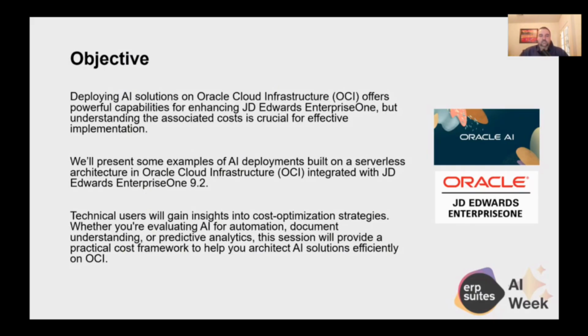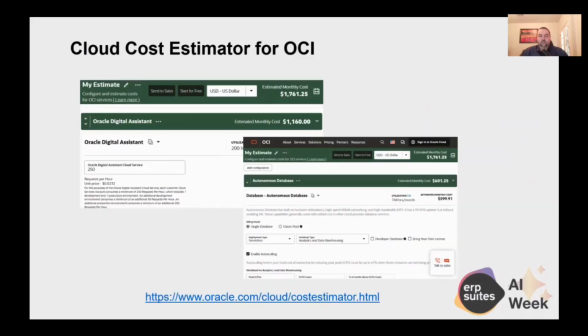AI solution on OCI. One of the first resources you want to look for, if you have not seen it before, is the Cloud Cost Estimator. It's a free website. You don't even have to log into Oracle with an account to use it. It gives you the ability to estimate the cost of any AI service or non-AI service within OCI.